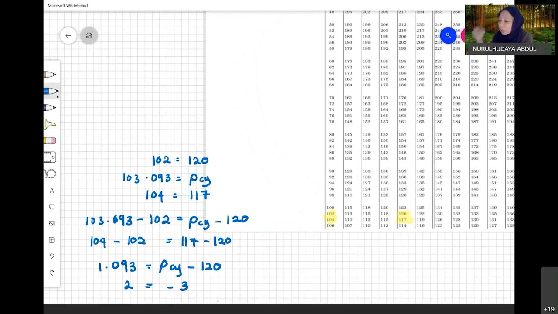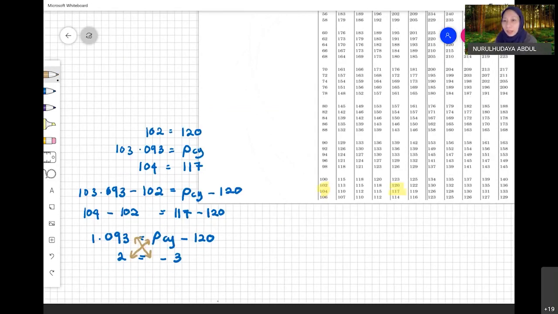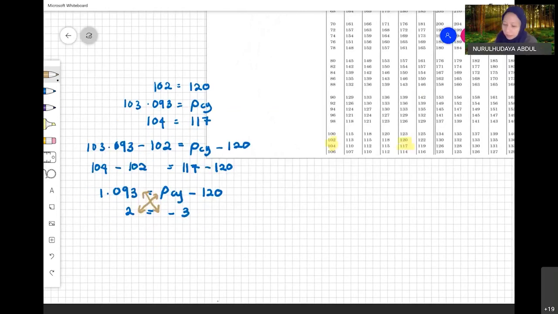Okay, you can directly calculate. So negative 3 times 1.093, you will get 3.279. Negative, don't forget, equal to 2 PCY minus 240.